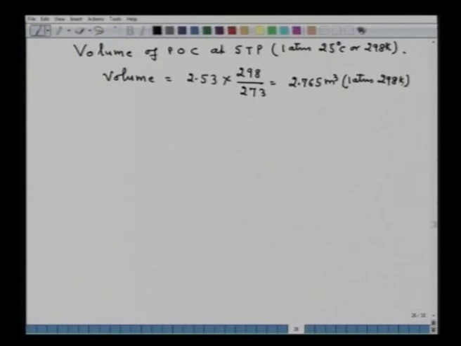Now, the problem also says to report the volume of POC at 1000 degrees Celsius and 1 atmospheric pressure.